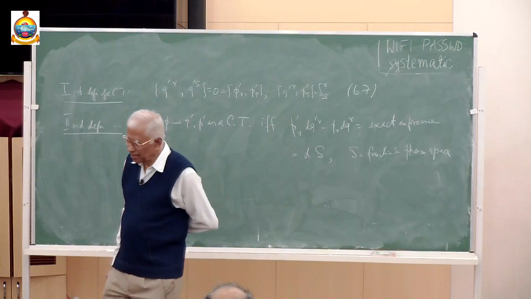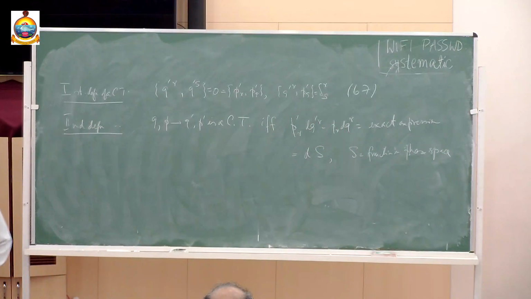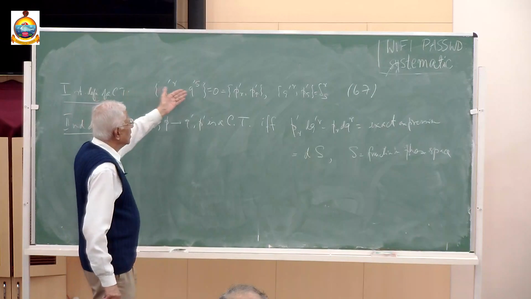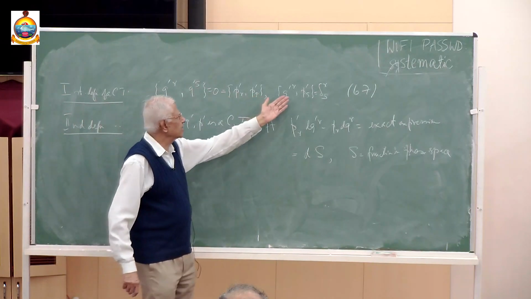Okay. So it is really quite amazing and very pleasing that the definition of a canonical transformation can be given in such an elegant and succinct form. One equation, not a system of so many Poisson bracket relations. How many relations do we have?